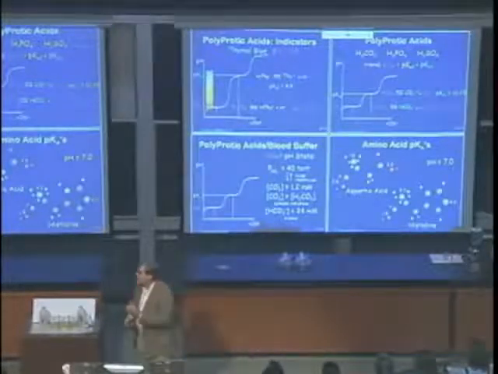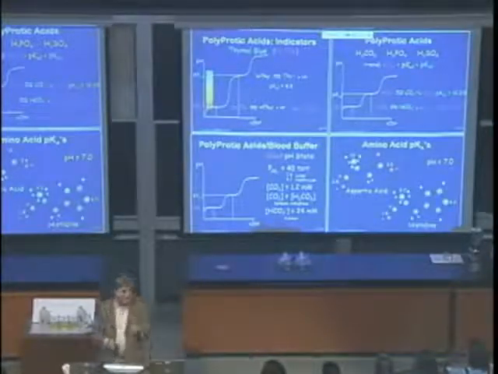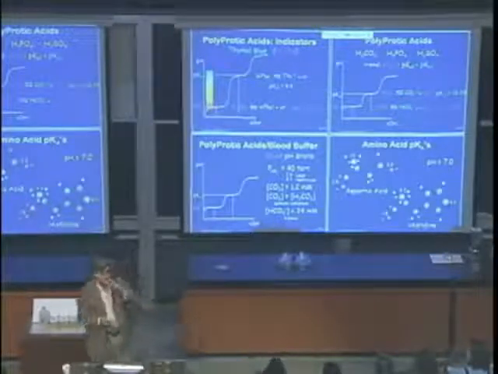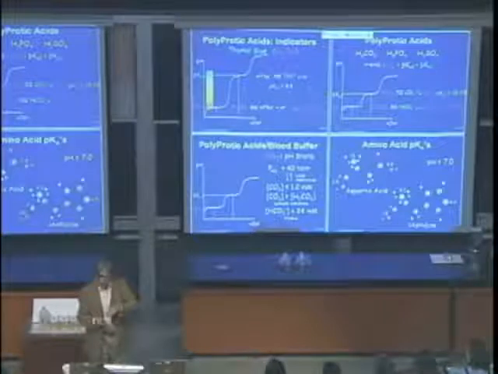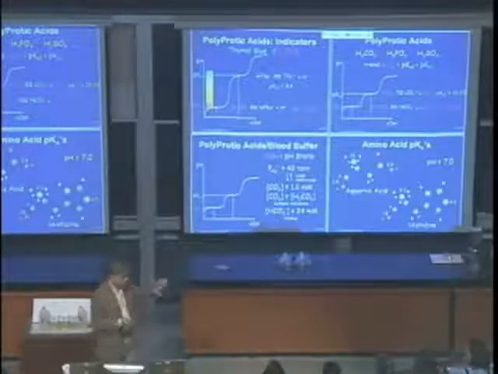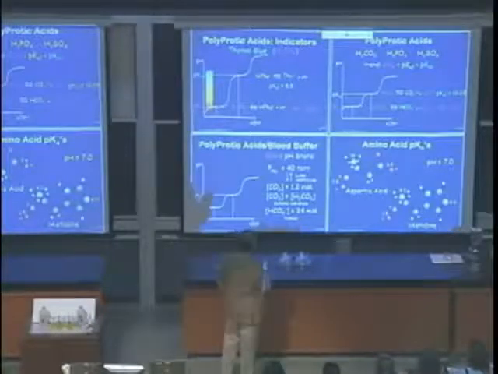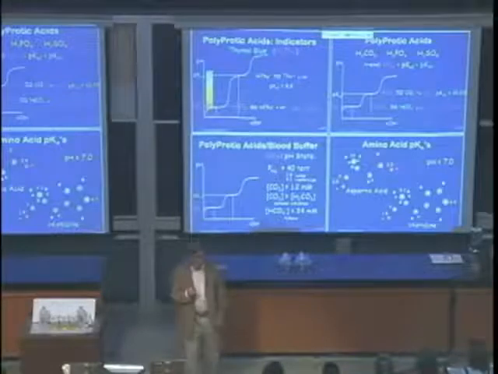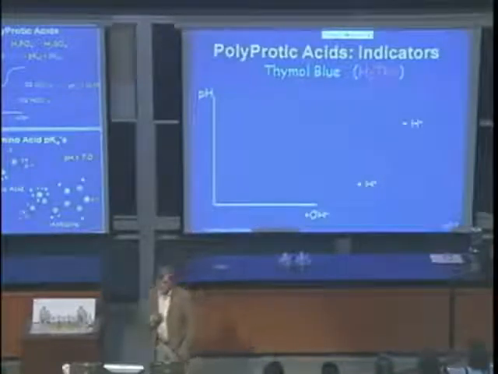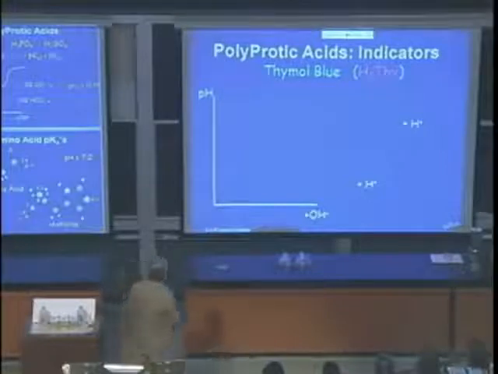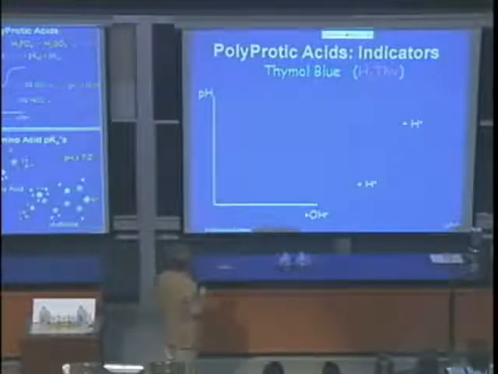And you will need this because many of you go into medicine, hopefully, and into microbiology and chemical biology and biochemistry. You will need to understand buffers and polyprotic acids, and this is what we're going to talk about. You met more than one of those. A polyprotic acid, for example, is thymol blue.